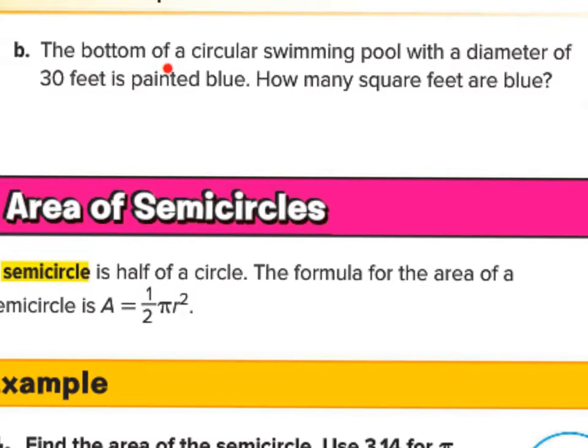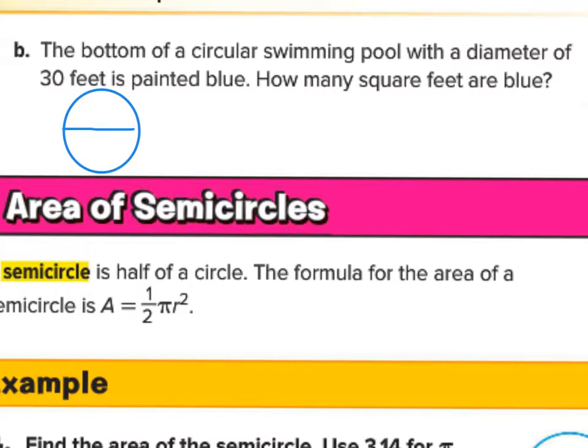The bottom of a circular swimming pool with a diameter, distance across, of 30 feet is painted blue. How many square feet are blue? So the diameter, what's half of this diameter? It's going to be our radius. So here's my pool, and the diameter is 30, right? All the way across, that's 30.